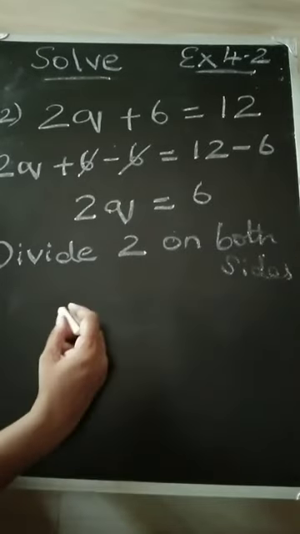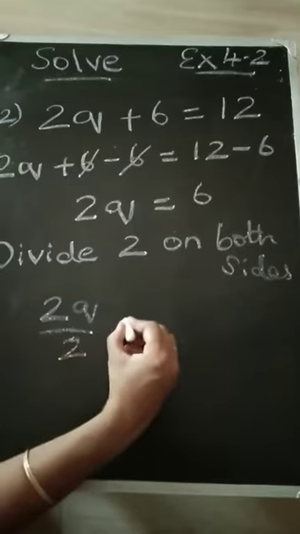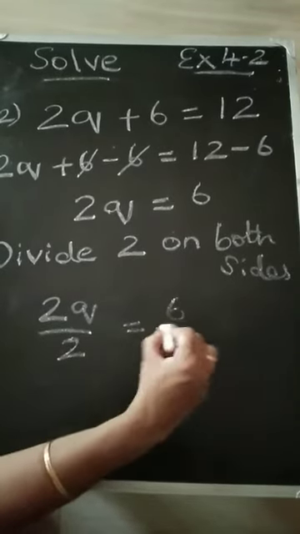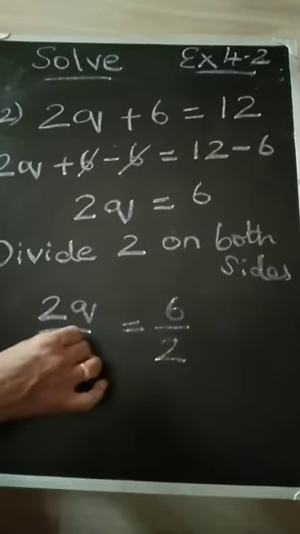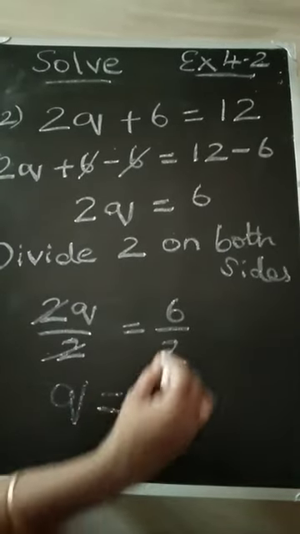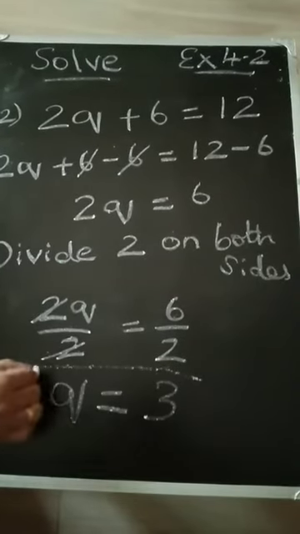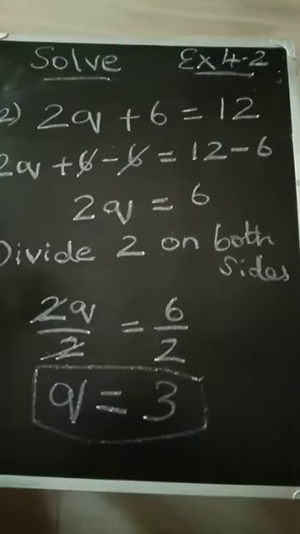So what happens? 2q by 2 is equal to 6 by 2. Now again 2 and 2 will get cancelled. Q is equal to 6 by 2 is nothing but 3. So the value of Q is 3.